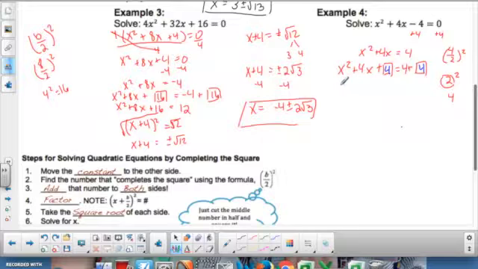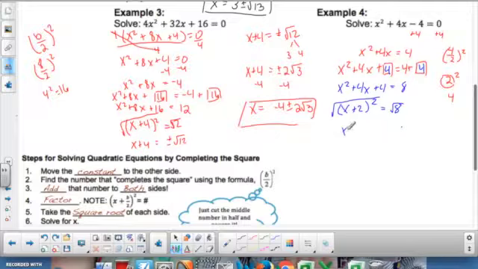So that means I have x squared plus 4x plus 4 equals 8. And now my perfect square trinomial is going to be x plus 2 squared equals 8. I'm ready to take the square root.